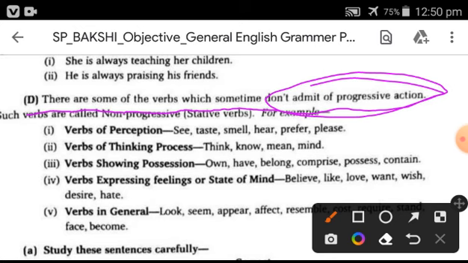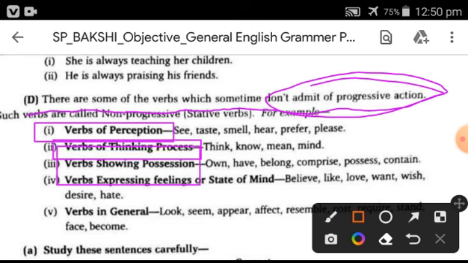What type of verb can we not use the ing form with? Verbs of perception, verbs of thinking, verbs of showing possession and feeling, and last but not least, verbs in general.